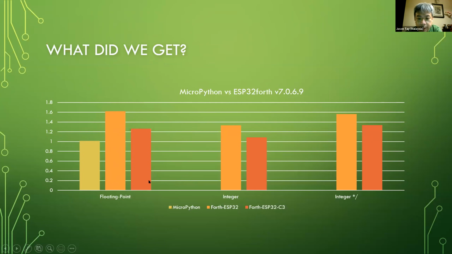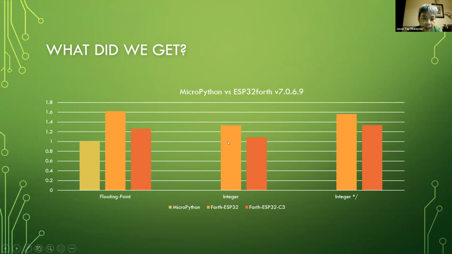And then I also tested the ESP32C3, the RISC-V version. That one runs at 160 megahertz, I think. Then I tried the integer version, and I was a little bit surprised to find that in this case, ESP32 came out at only 1.3 times faster.